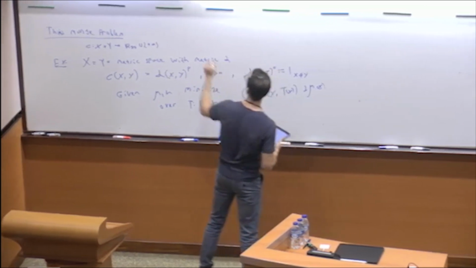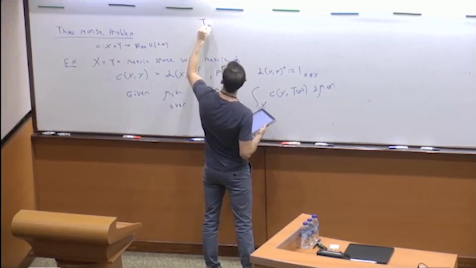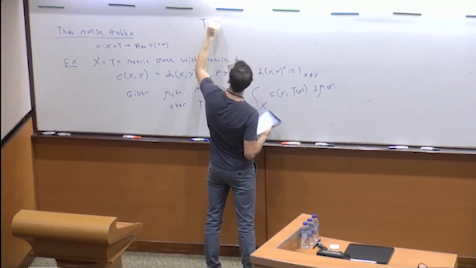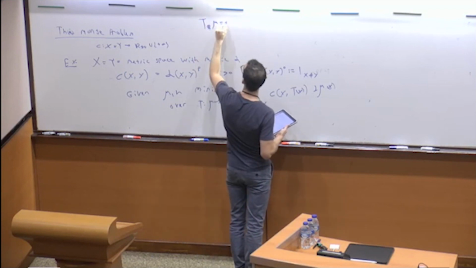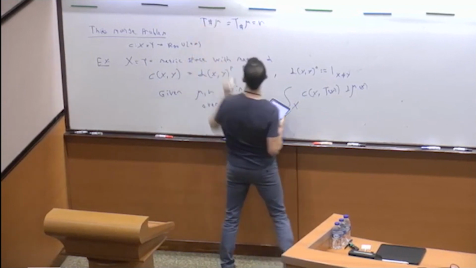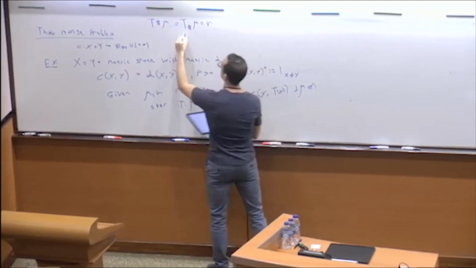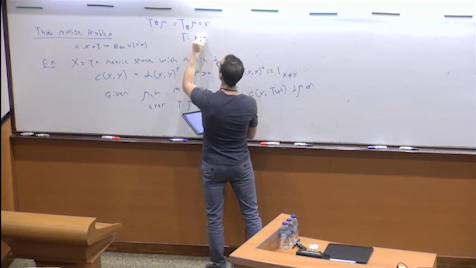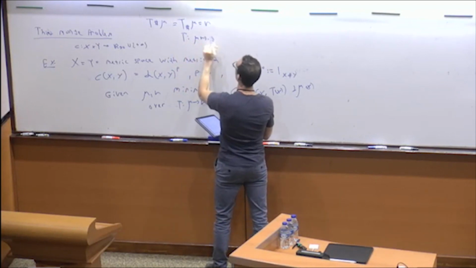Let me just recall some notation. We write T push forward mu equals nu, sometimes it's written like that. And I'll sometimes write this notation just to mean that mu is going to nu.